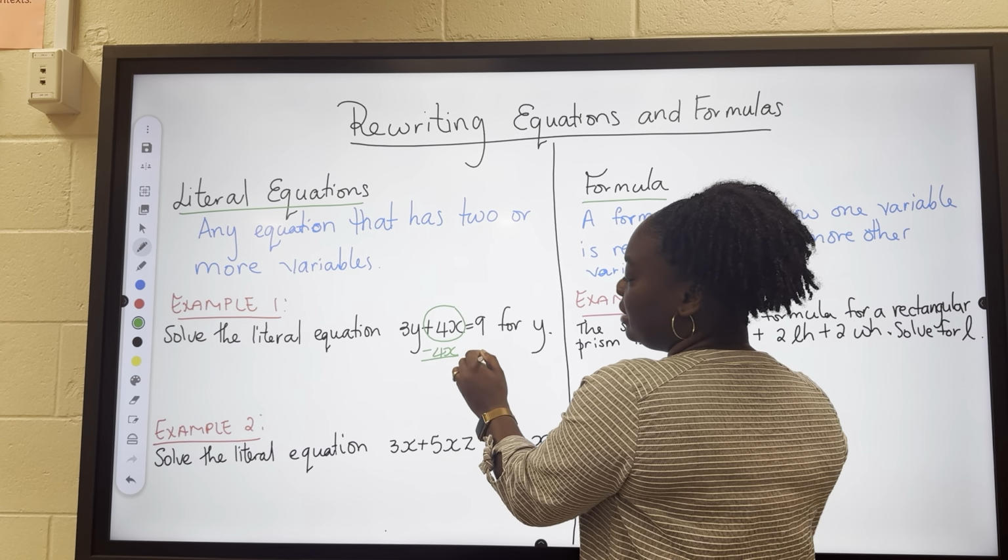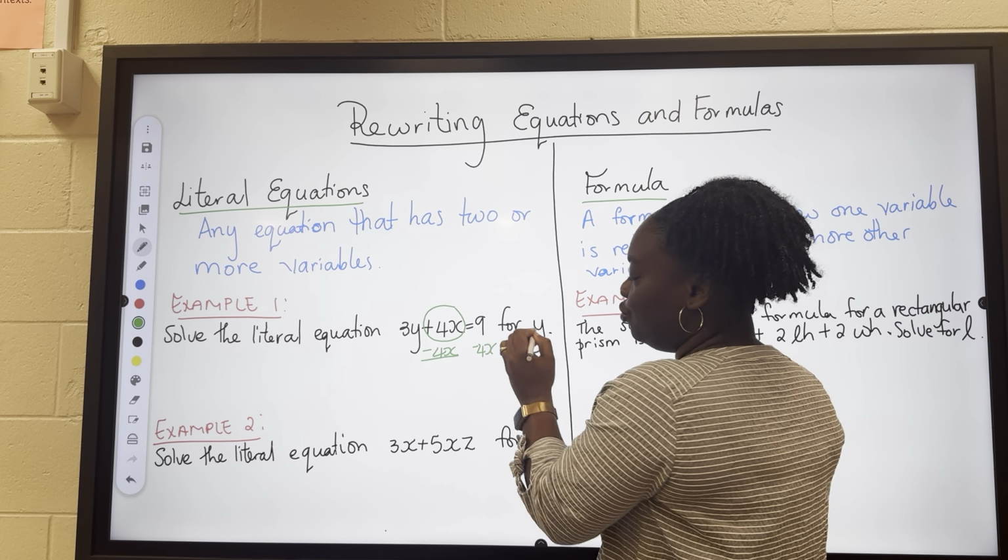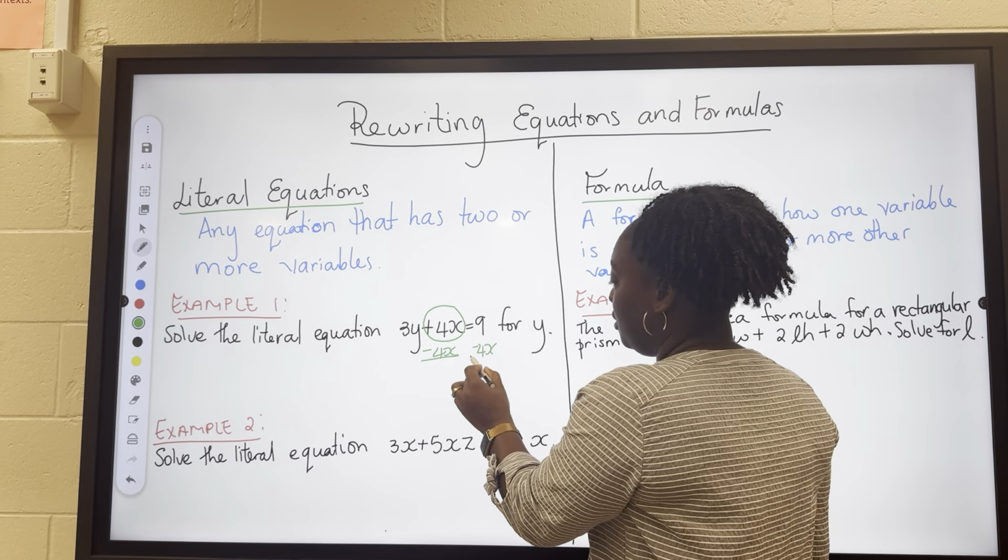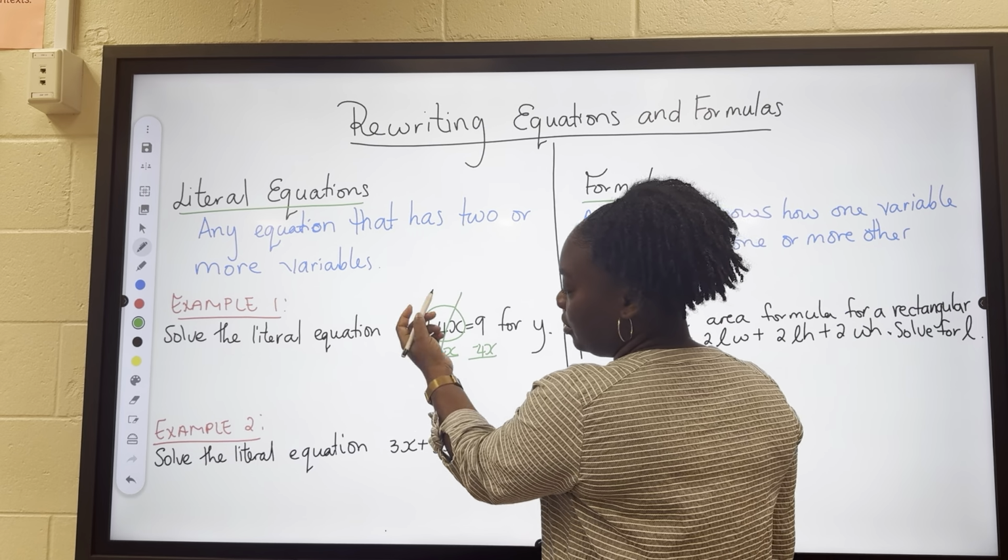Same thing you do on one side, you do to the other. So let's rewrite. That's 3y left on this side is equal to 9 minus 4x. That's what we have on that side.